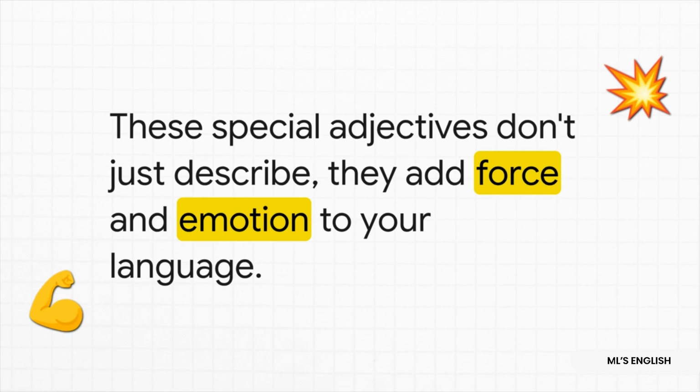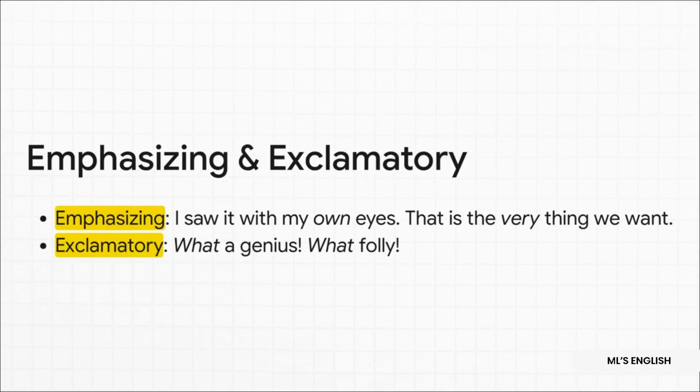We're talking about emphasizing and exclamatory adjectives. So emphasizing adjectives like "own" and "very" are there to really drive a point home. Saying, "I saw it with my own eyes" is way more powerful than just, "I saw it." And the word "what" can be an exclamatory adjective to show a really strong feeling, like surprise. Think about it. What a genius, or what folly.